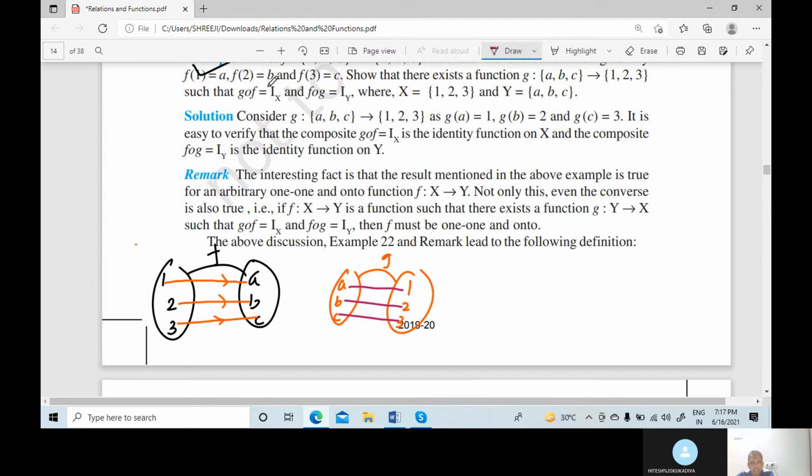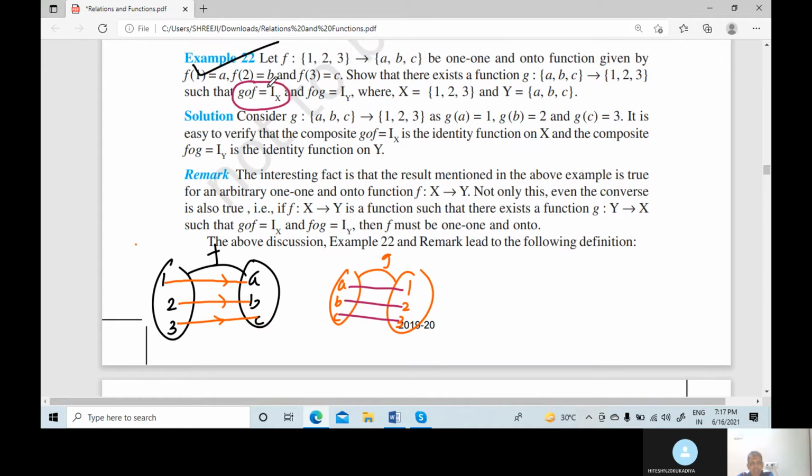Now our concept is we prove GOF equal to IX and FOG equal to IY. Again identity function, student. Here X equal to 1, 2, 3.